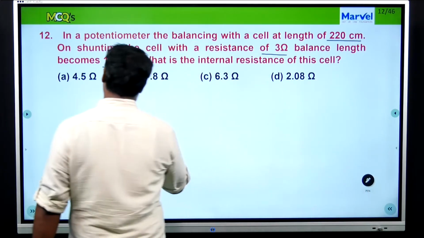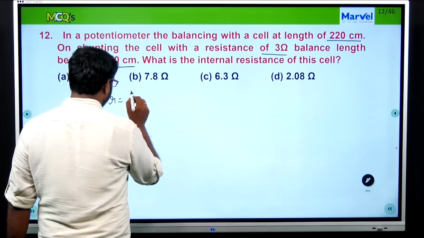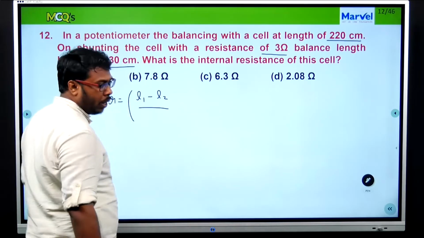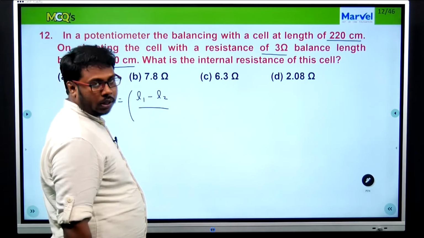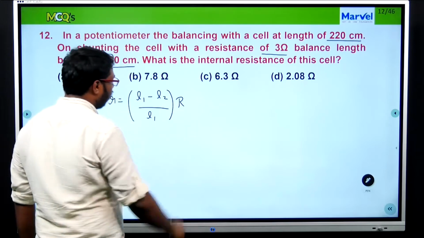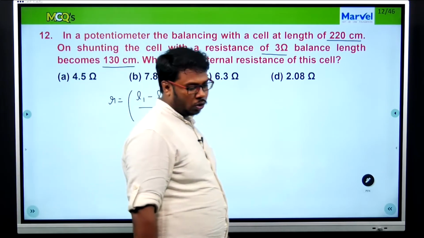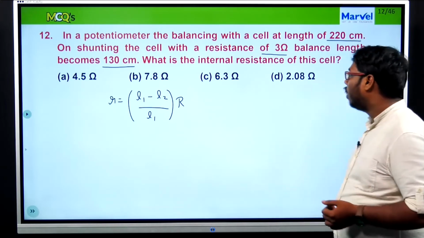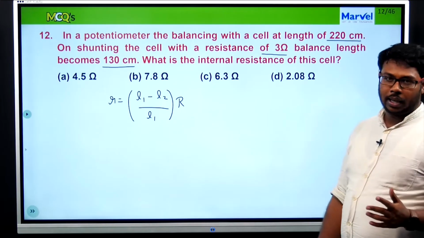The formula goes like this: small r is equal to (L1 minus L2) divided by L2, into capital R. So all you have to do is take the values and plug them in to directly get the answer.